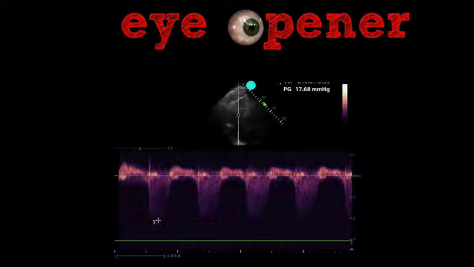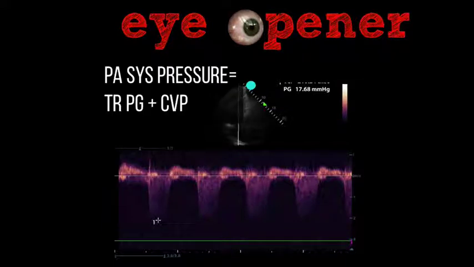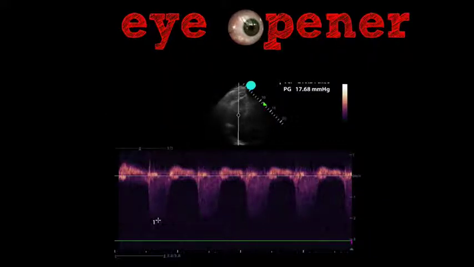As long as we add whatever baseline right atrial or central venous pressure that we think there is, we can add that to the pressure gradient from the tricuspid regurg and get a rough estimate of what the pulmonary artery systolic pressure is. So in this guy, it was a little surprising.